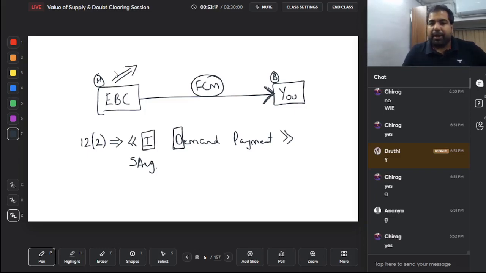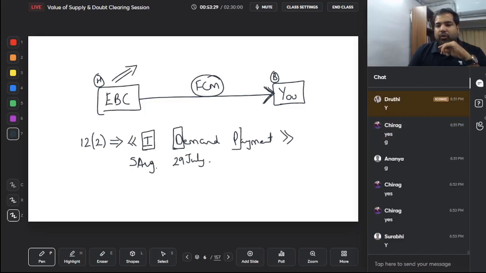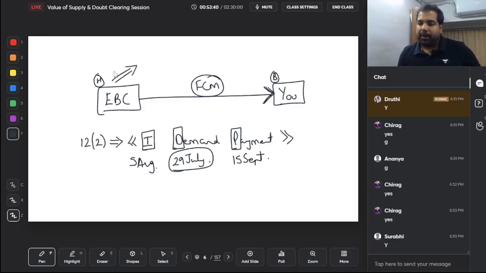So let's say this bike was delivered to you on 29 July. Was that the due date the invoice should have been issued? Yes. So 29 July. And guys, let's say you are making the payment next month, on 15 September. So which one will be the time of supply? 29 July. Earlier the better.